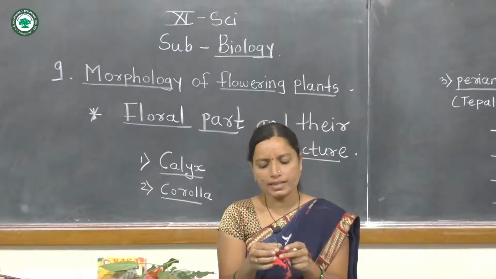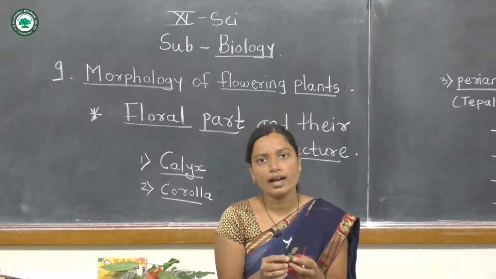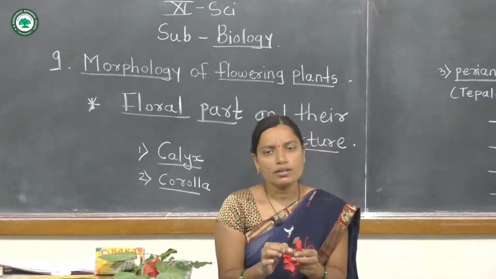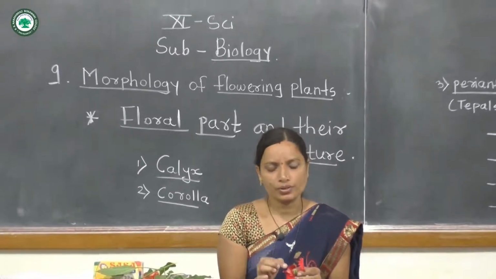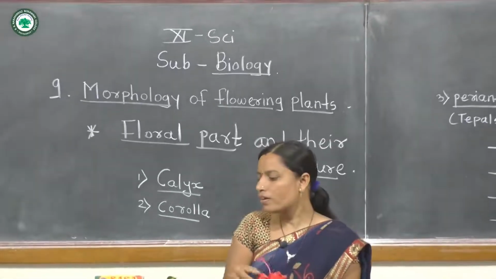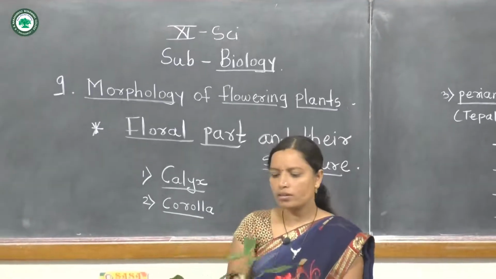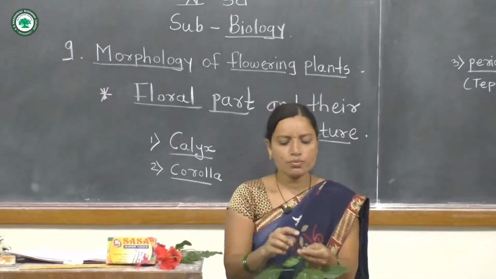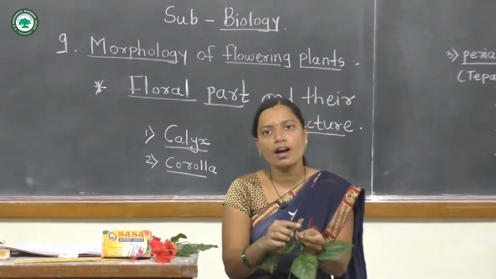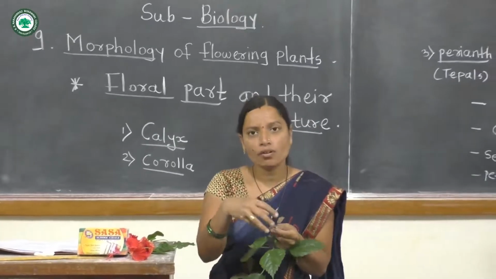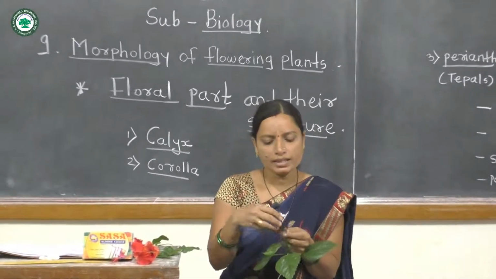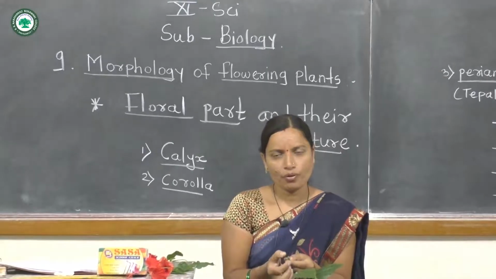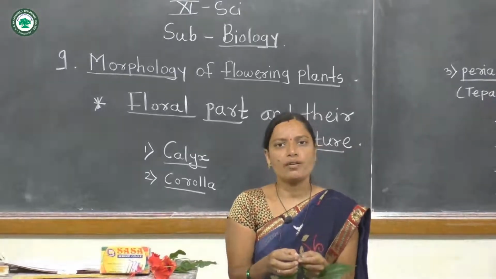The most important function of the calyx is photosynthesis, and when the flower is in bud condition, this part protects the flower. It shows the protective function for the innermost parts of the flower.